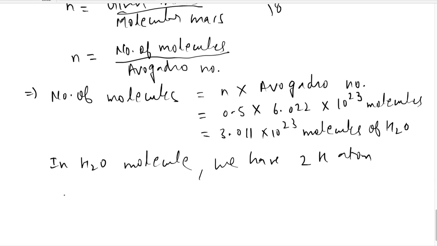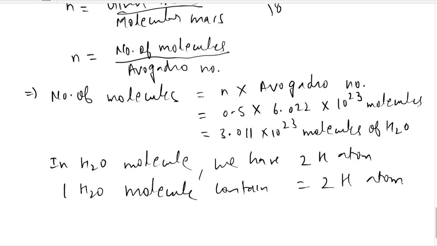It means one water molecule contains 2 hydrogen atoms, and we are supposed to calculate the total number of hydrogen atoms in the given system, right? The total number of molecules we have already calculated. So when one molecule contains these many hydrogen atoms, how many atoms will these molecules contain? It's just a straightforward unitary method.